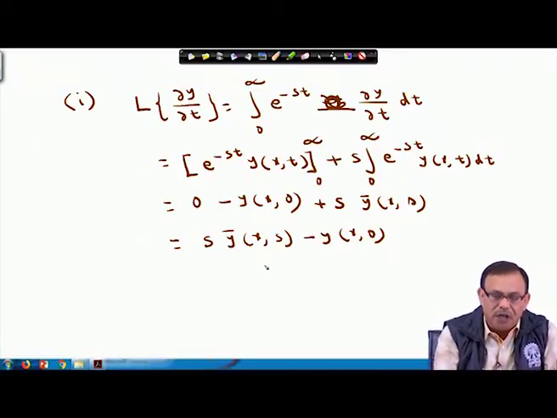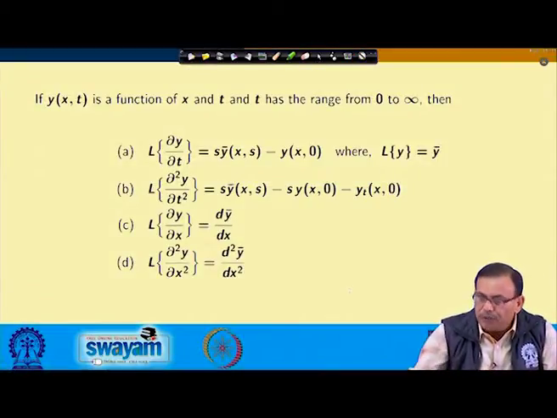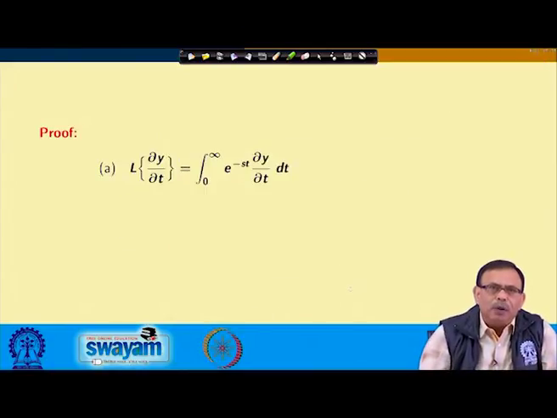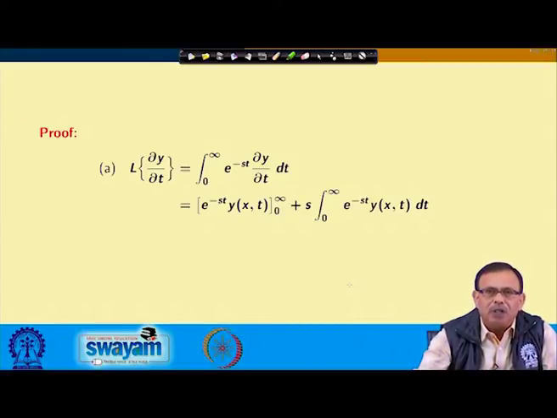So, I think it is clear that the Laplace transform of ∂y/∂t equals s ȳ(x,s) minus y(x,0). Let us see the proof of the first one again. As I told, the Laplace transform of ∂y/∂t is the integral from 0 to infinity of e^(-st) ∂y/∂t dt, which by integration by parts you can write, where the second integral is nothing but the Laplace transform of y.